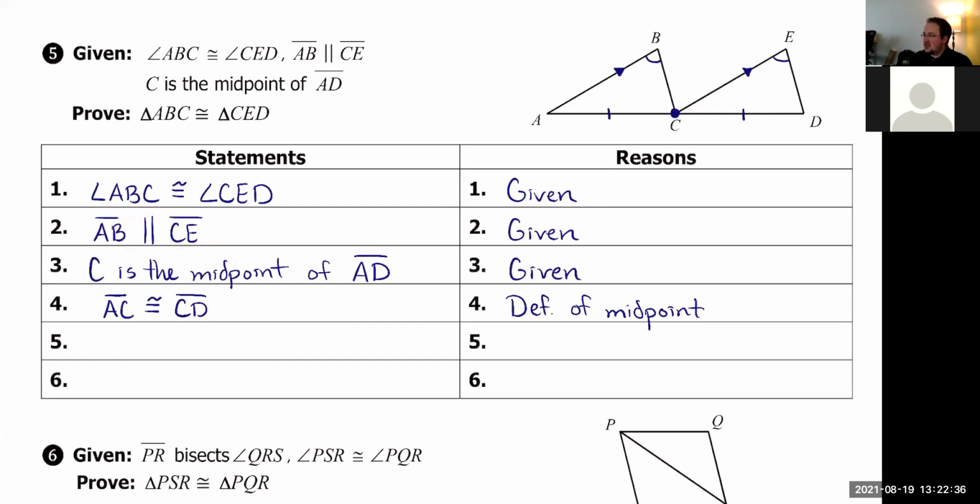Now, this one is a little trickier to see because of where they're located. But if you imagine AB and CE as your parallel lines, and then try real hard to ignore these little segments here that are going upwards, and instead imagine AD as your transversal. Take a look at this angle compared to this angle.